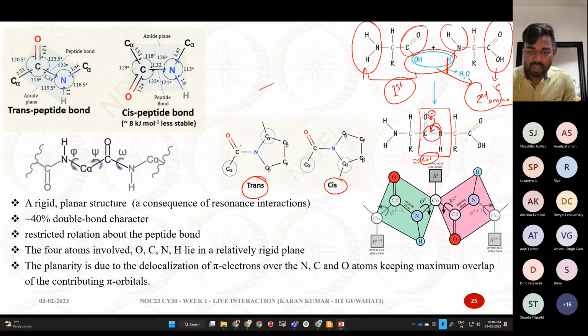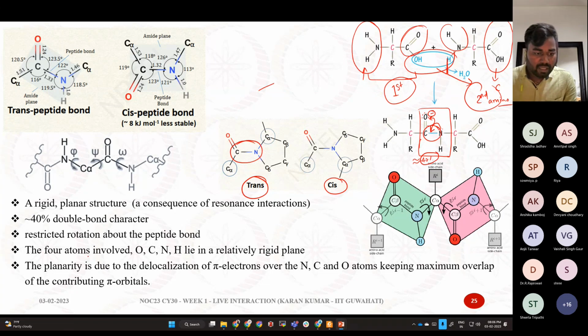There is some rotation around this bond also, because it has partial single bond and partial double bond character, and thereby it forms trans and cis geometry.